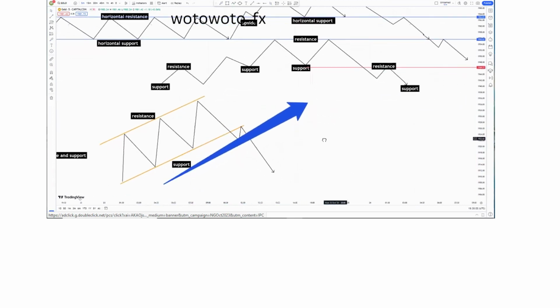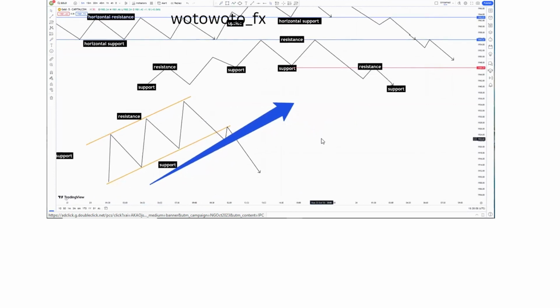But now, I want you to see the scenario of slanty resistance and support which is on a downside, which is going on a downside. So now, this is it.